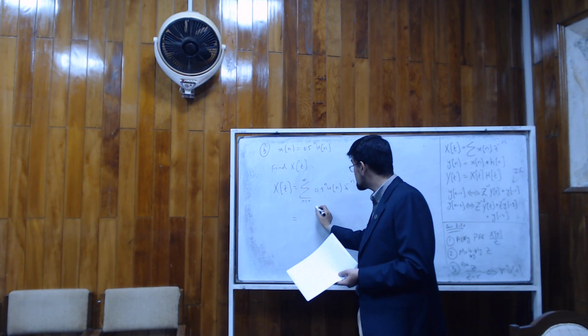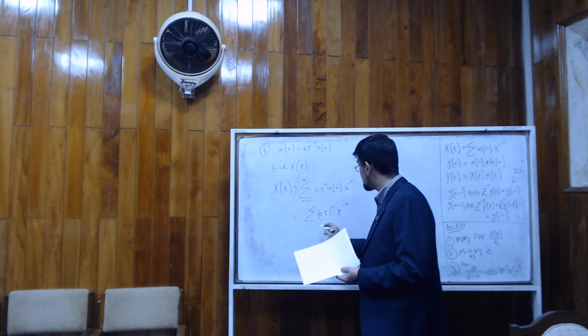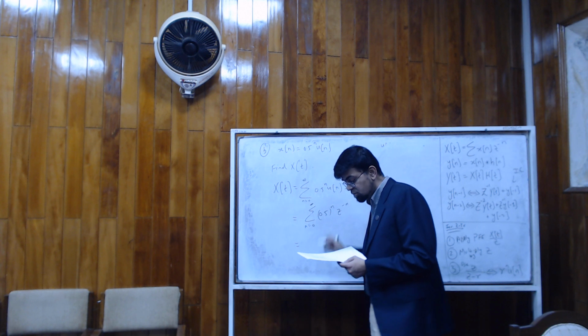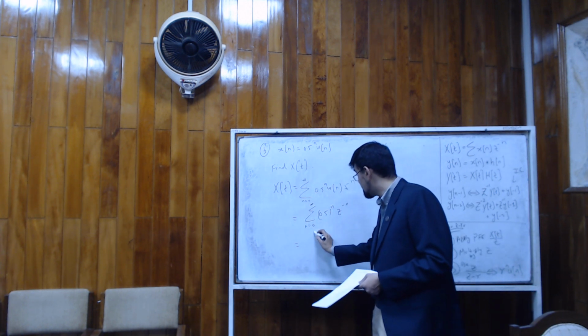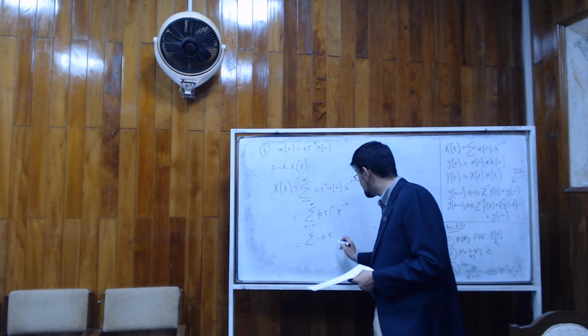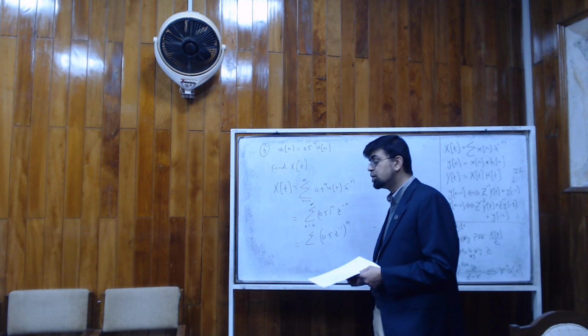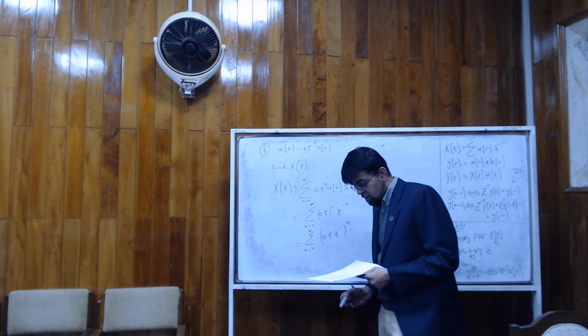Remove it. What's left? 0.5^n z^-n. Let's write it as (0.5 z^-1)^n, n is 0 to infinity.